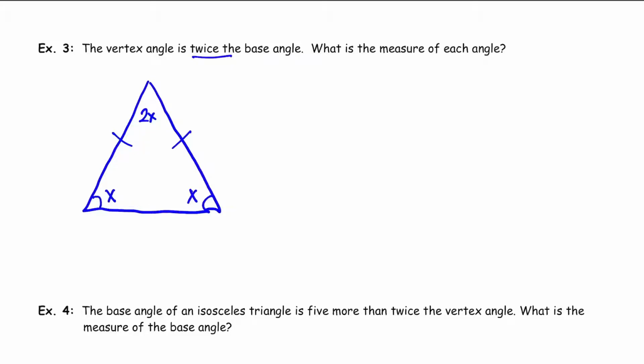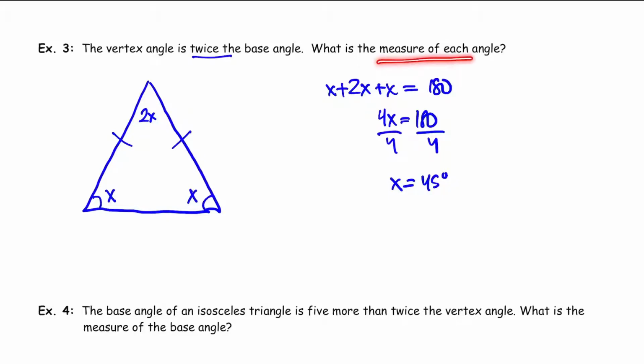Now, once you have everything labeled, you're going to take all three angles, add them up, and set that equal to 180. So x plus 2x plus x equals 180. There's 4 x's total, so 4x equals 180. Divide by 4. x is 45. So the question states, what is the measure of each angle?